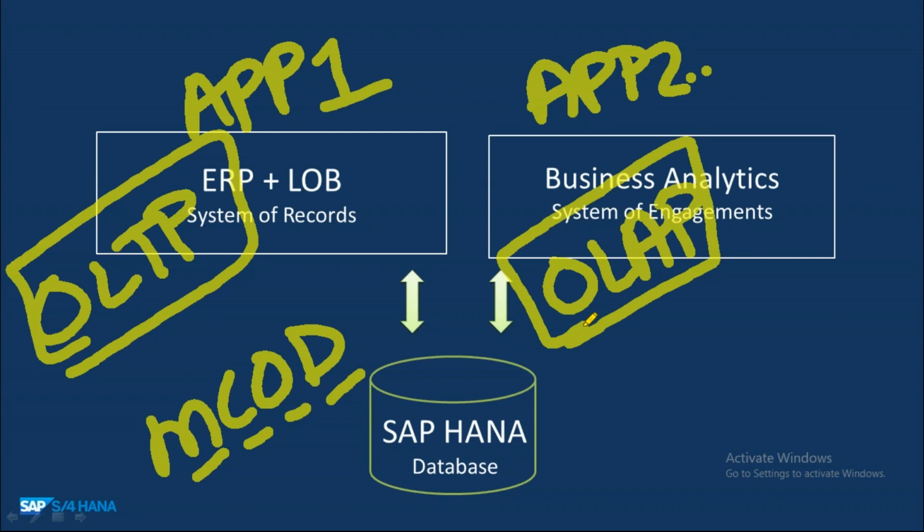So there's always reading and writing, input and output happening all the time, with a huge amount of data. We are not just talking about some records. We're talking about millions of records across different tables, different modules, and different users accessing the ERP and the analytical tools. So HANA has been tried, tested, and proven.